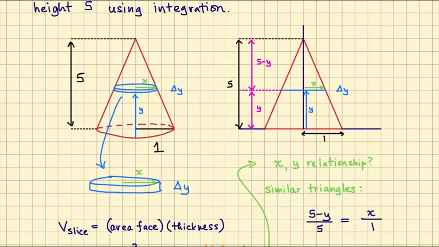And we see when we look at this picture, as y changes, the x's are going to change. So there's a dance taking place between the x and the y variables, and we need the relationship between the x and the y variables. This usually comes from the geometry of the situation.